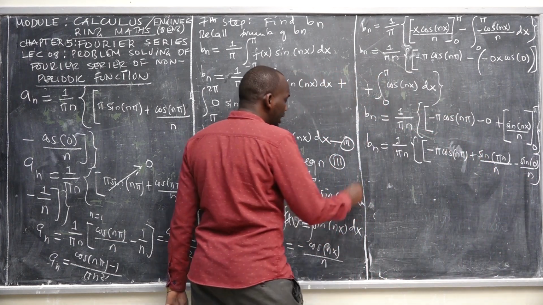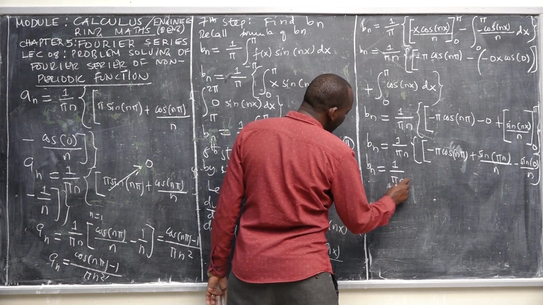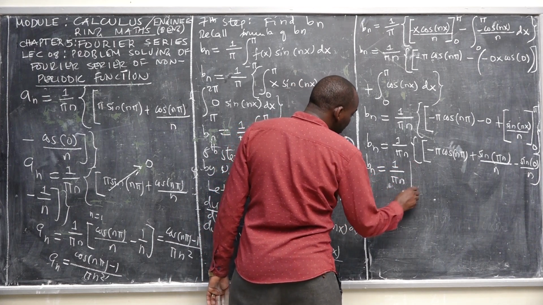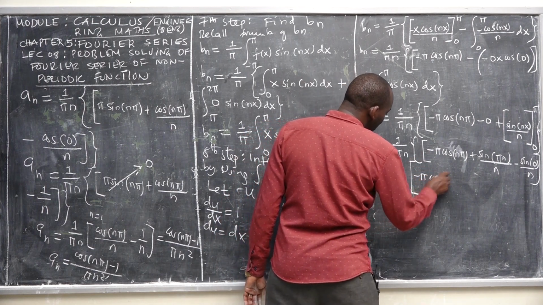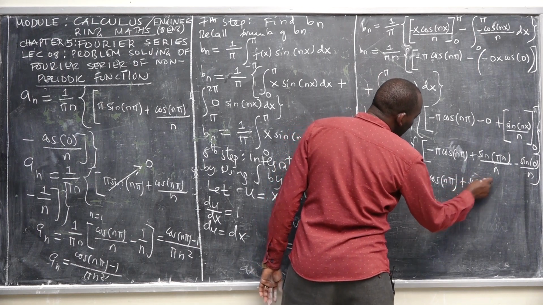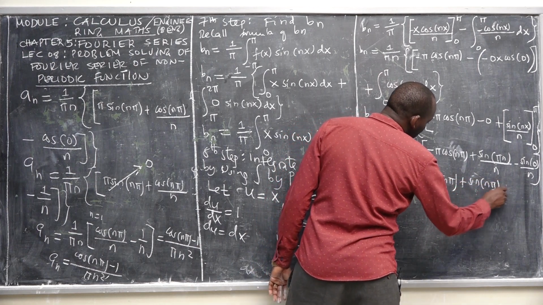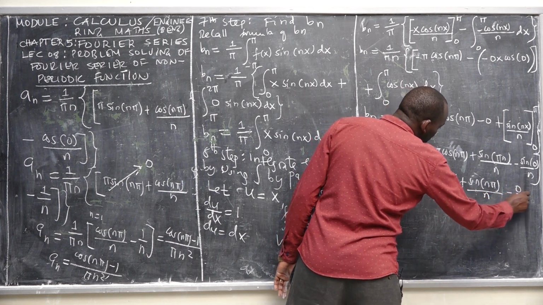Then Bn is equal to 1 over pi n. Then you have negative pi cosine of n pi, plus sine of n pi over n, minus 0 over n.